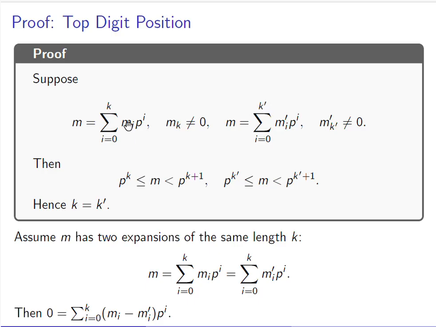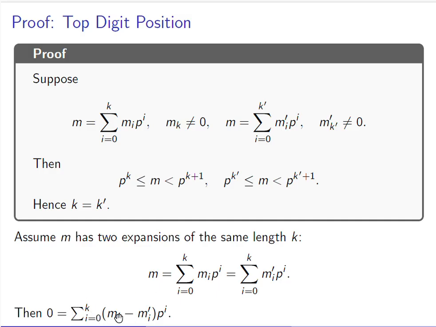What is left to show now is that the mi's are equal. So mi is going to be equal to mi prime for all i. So assume that m has two expansions with the same length k. So m is equal to this, equal to this. If we subtract one from the other, subtract this from this, you get 0.